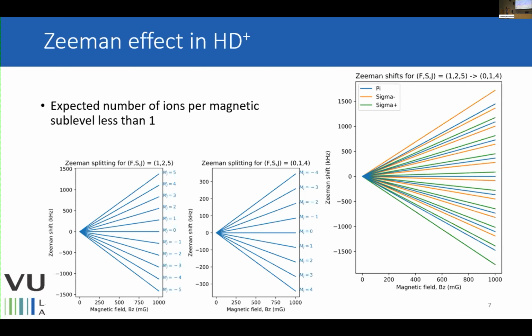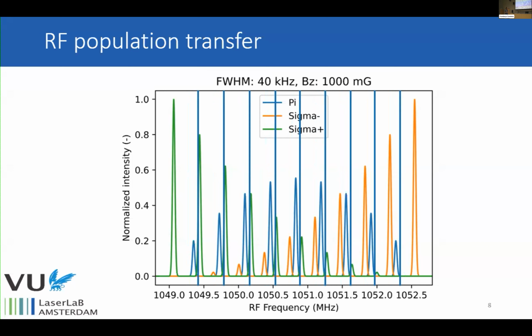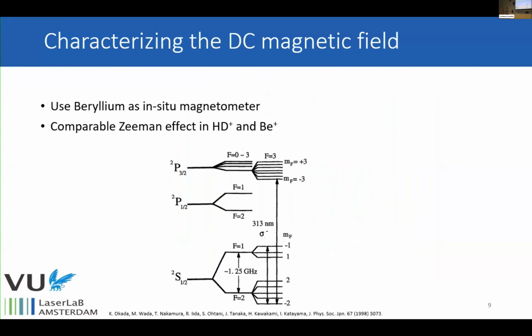Here we choose the pi transitions, which is important because they have less contribution from the Zeeman effect. Then we scan over them simultaneously, effectively integrating the signal from all of these transitions. To be able to do this, it's very important to know precisely what the magnetic field is, so we know exactly where to put our RF frequencies.